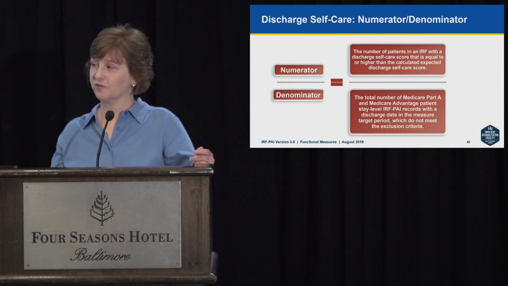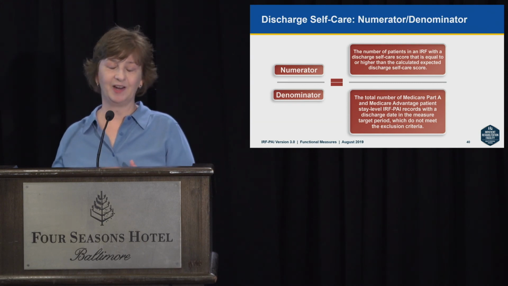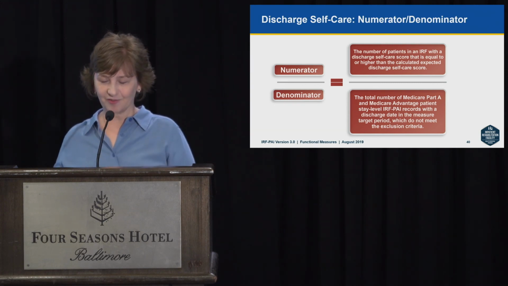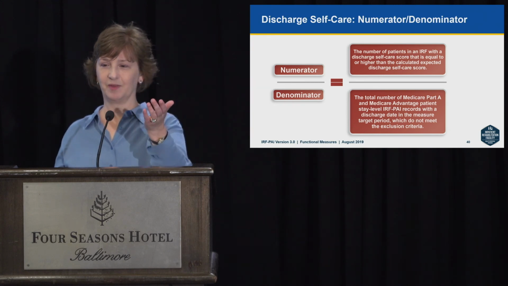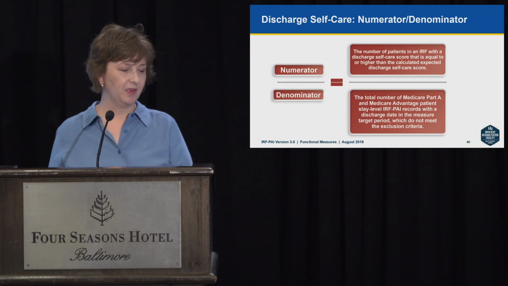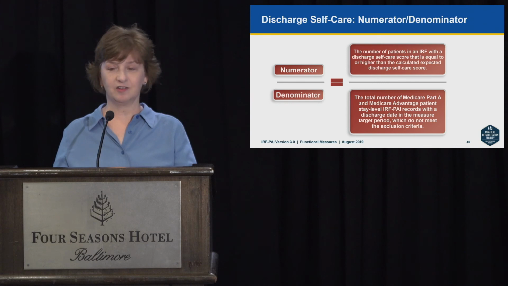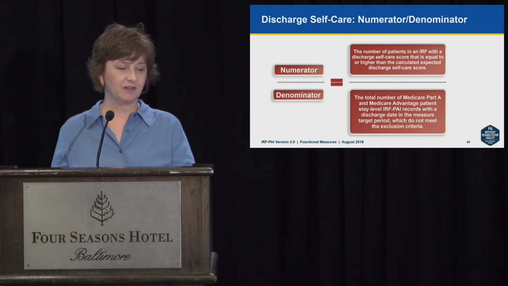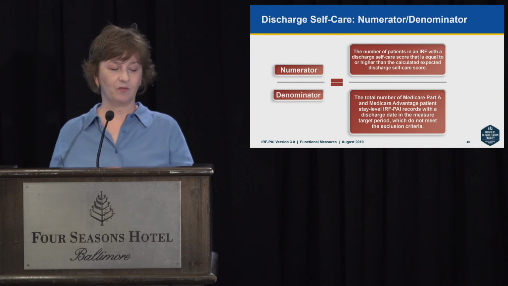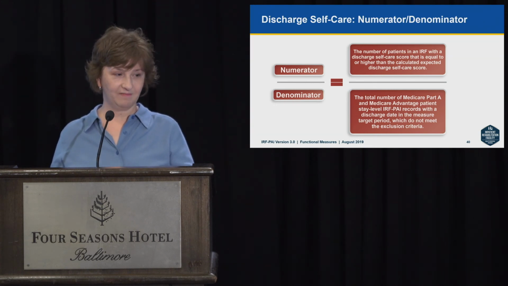I mentioned there's a numerator and denominator for this measure, and we're going to start with the denominator again because that's the starting point, and everybody who ends up in the numerator must have been in the denominator. It's a percent value. The denominator is the total number of Medicare Part A and Medicare Advantage or Medicare Part C patients who had stays with submitted IRF-PAI records and had a discharge date during the target period, and these individuals did not meet the exclusion criteria.